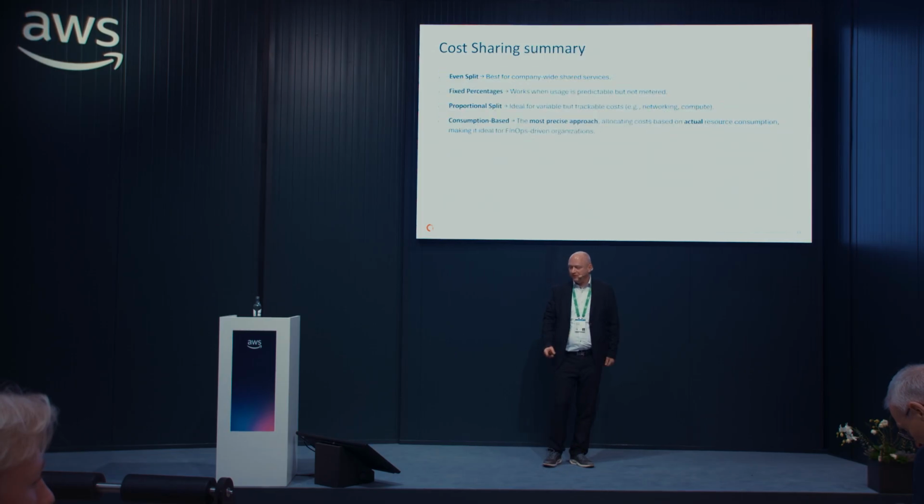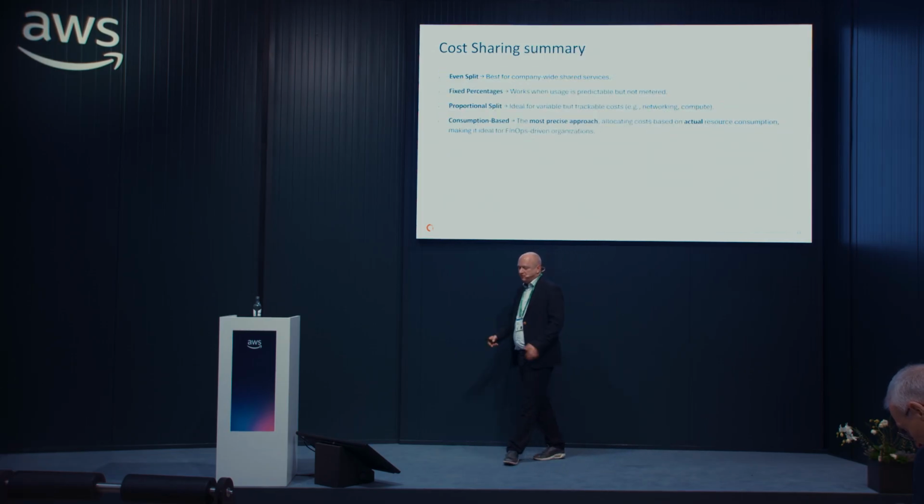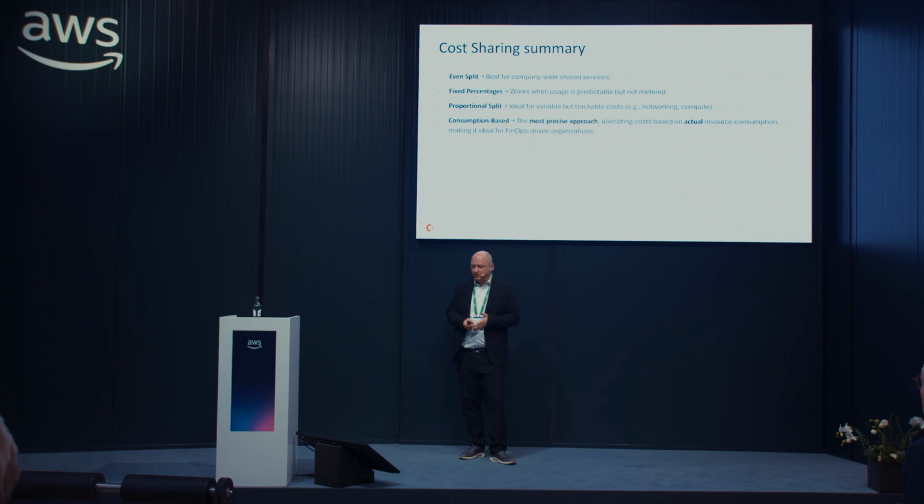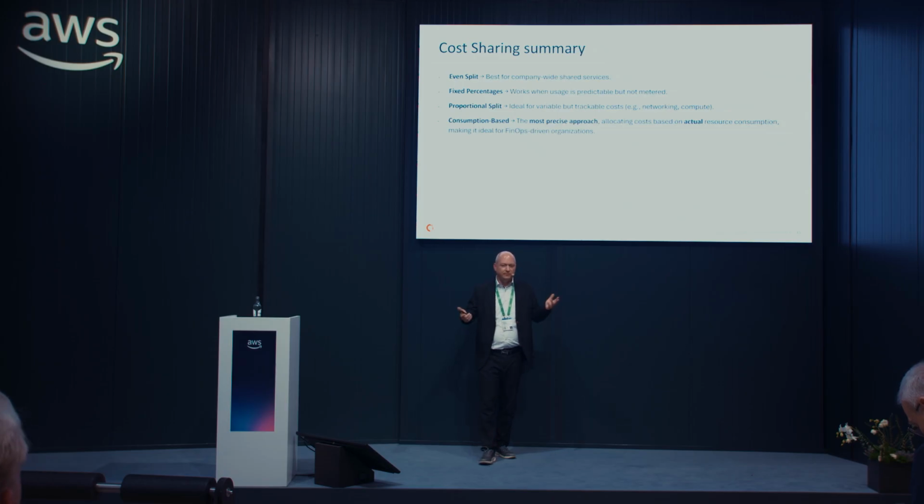So as a summary, an even split can be used if you have exactly the same participation. For example, a software as a service that is used by everyone in roughly the same amount, where you can simply do an even split. Or the fixed percentages, if you're quite sure that the percentages are not going to change over time, that would be the easiest way to go.